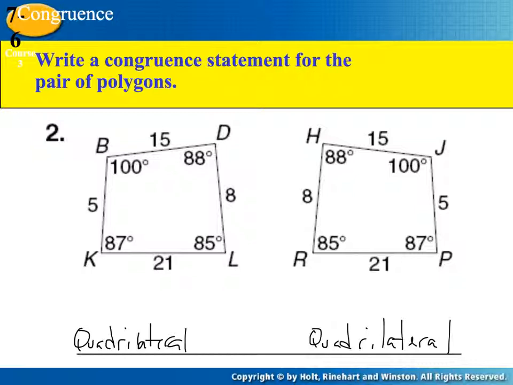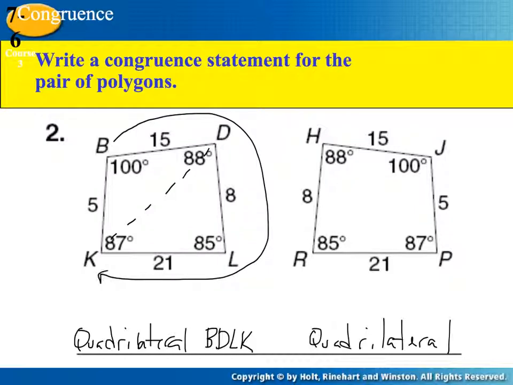It doesn't matter what my first one was, B, D, L, K. I cannot do B, D, K, L because this is not a segment. So I needed to go B, D, L, K, or D, L, K, B, or L, K, B, D, or K, B, D, L, or the opposite of all of those.